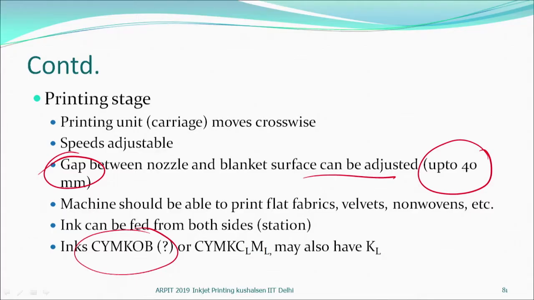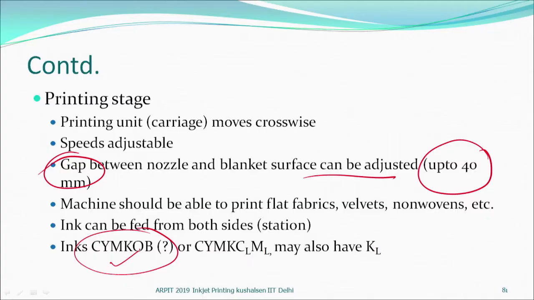Then comes the ink. We talked about 4 color, but to get more accurate shades, people are using these days 6 color, which may be orange and blue, or cyan light, magenta light, or they may have black light also, to give a closer appearance to the actual design.